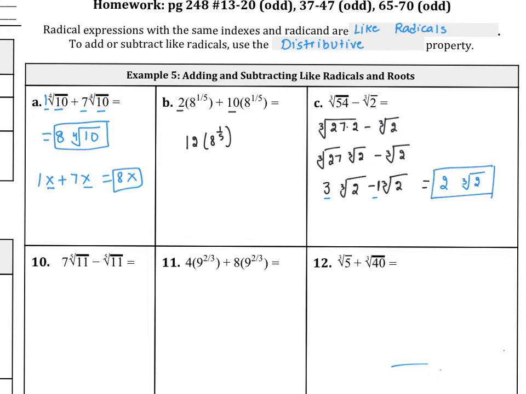For number 10, you're going to write 1 in front of it. So 7 minus 1 is going to be 6 fifth root of 11. Then 4 plus 8 is going to be 12, times 9 to the power 2 over 3.